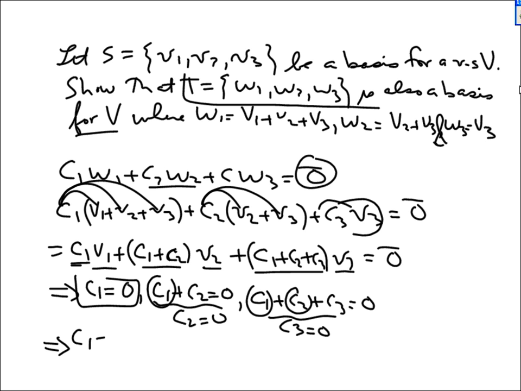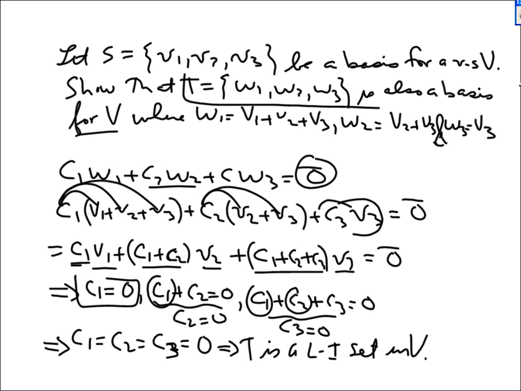This implies that C1 equals C2 equals C3 is 0. Well, that implies that T is a linearly independent set of vectors in V. Now I need to show that T spans V.